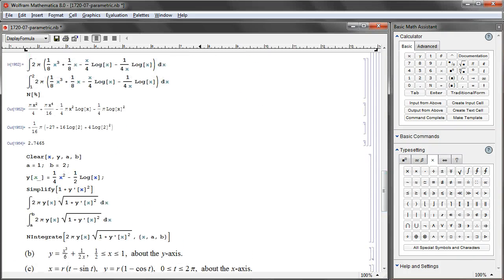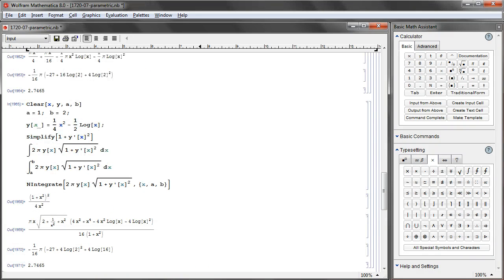You can check everything using this Mathematica program, and this simplify command allows you to calculate the 1 plus y prime squared part, and here it is. And please note that that's a square, so you can always take the square root of that, and then you're going to get simplification.